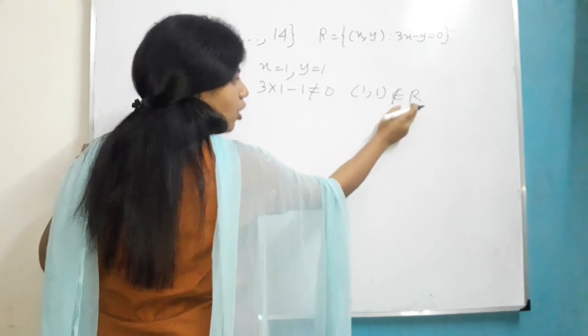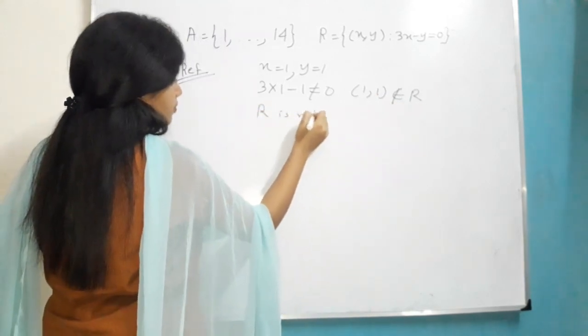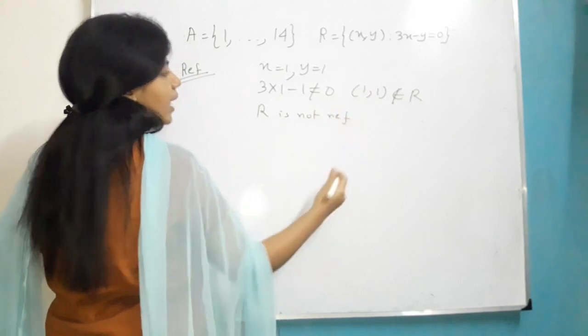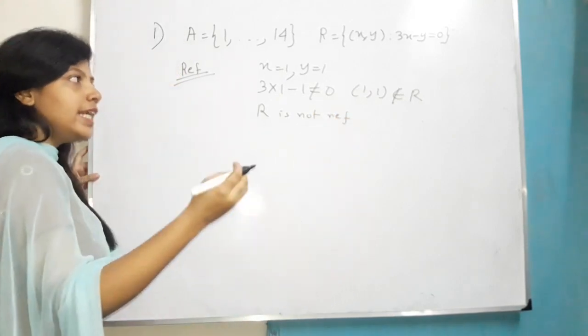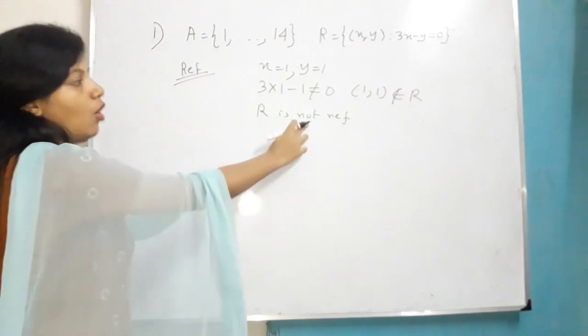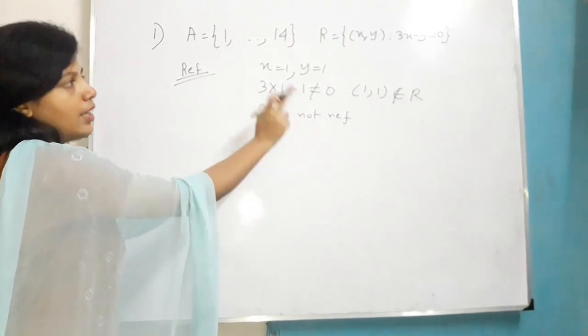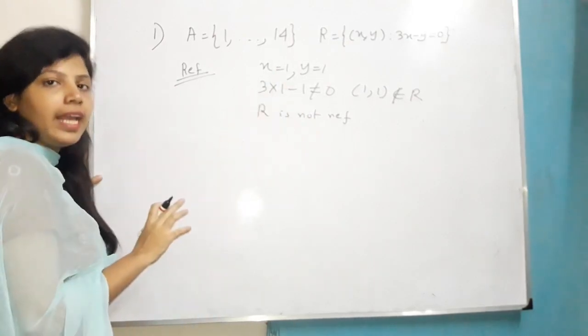This element does not belong to R. That means R is not reflexive. I don't have to check for others, because if at least for one element it is false, that means R is not reflexive. Why? Because if R is reflexive, the relation will be true for all the elements.